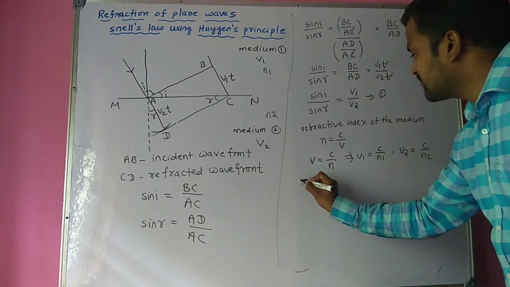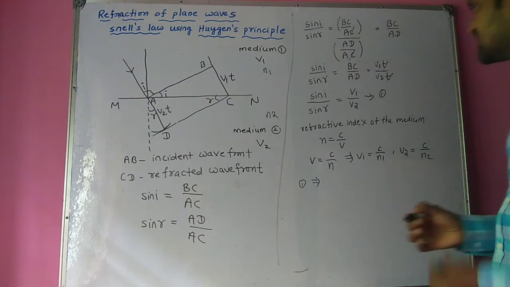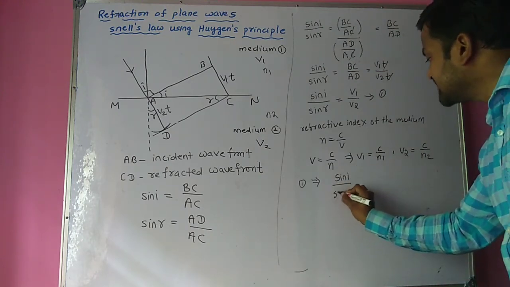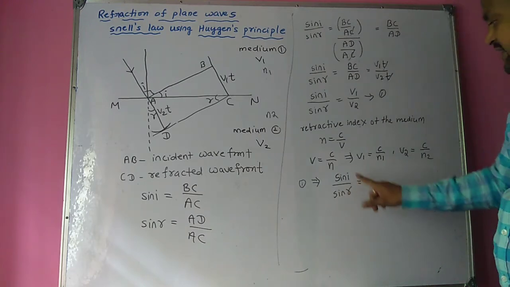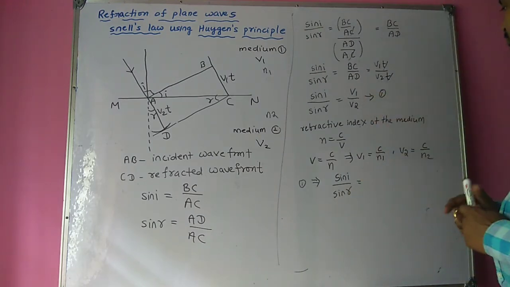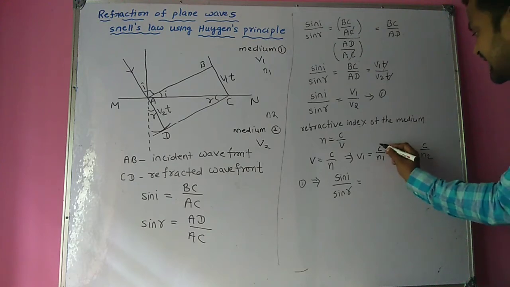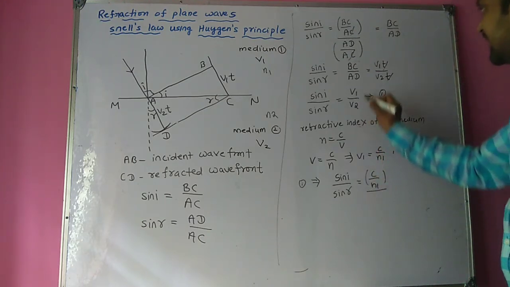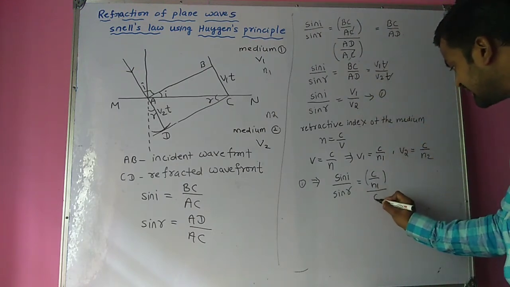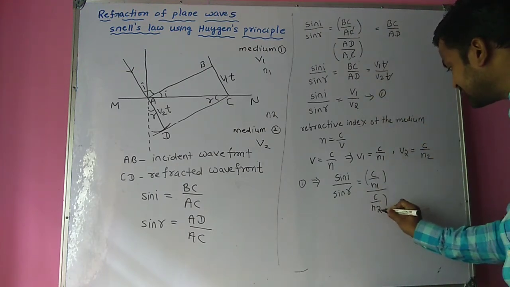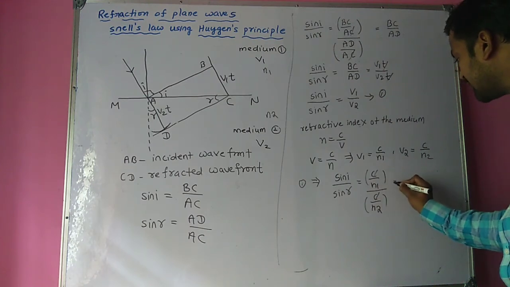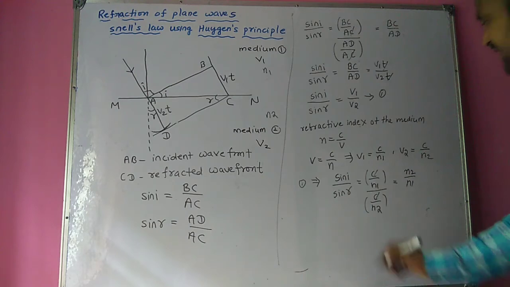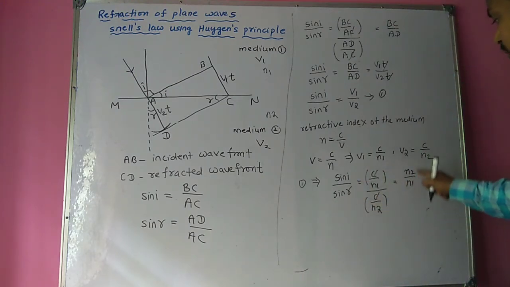Now substitute these values of v1 and v2 in equation number 1. Sin i by sin r is equal to v1 by v2, that is c by n1 over c by n2. c gets cancelled and n1, n2 go to the numerator, so sin i by sin r is equal to n2 by n1.